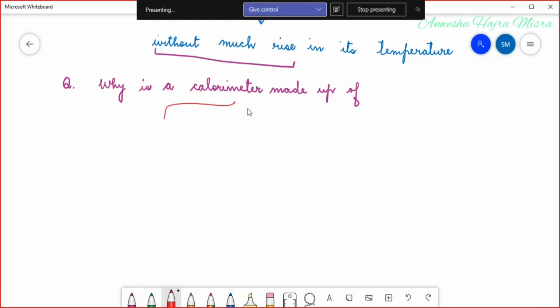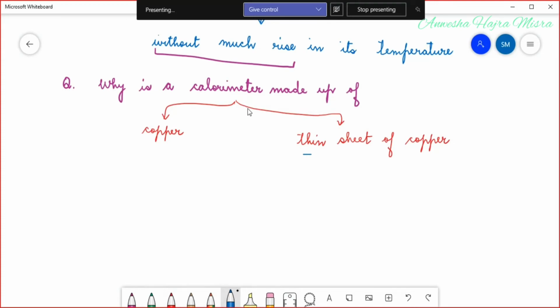Why is a calorimeter made of copper, or why is a calorimeter made of thin sheet of copper? Now the two answers will be slightly different.